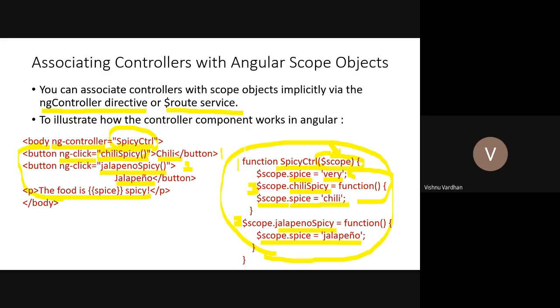The scope works like this: if you are implementing for a parent element, all the child elements are going to get this scope. So this spicy controller is available for all the child elements that it has. But if there is a division and this division has one controller, and I close this div, then the scope is limited to this particular division block only. If you have many other division blocks in the given HTML, then the scope is not applicable, because it works for the parent and can only be seen by its child elements.